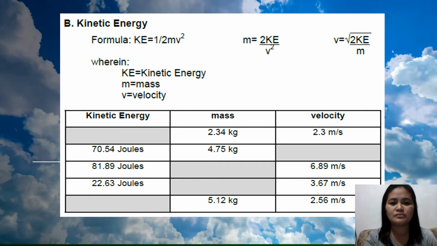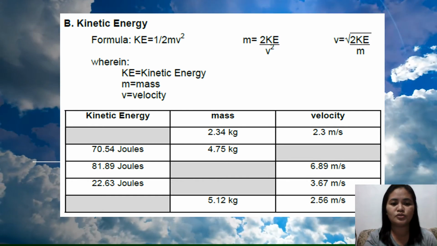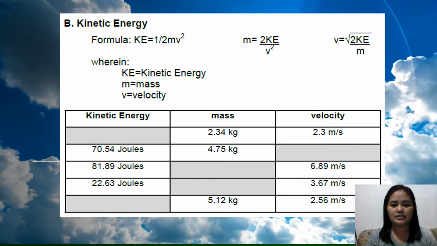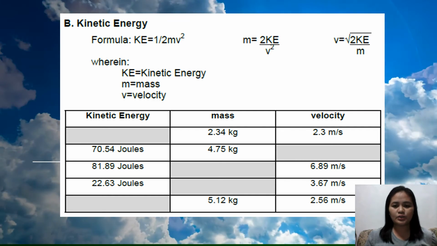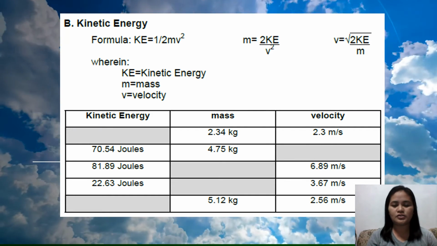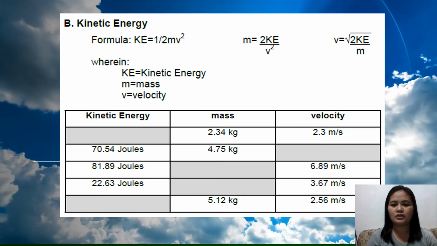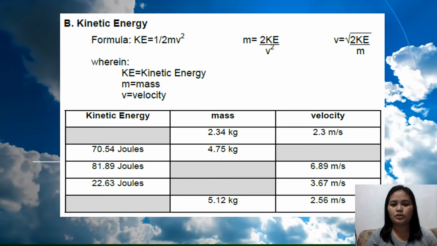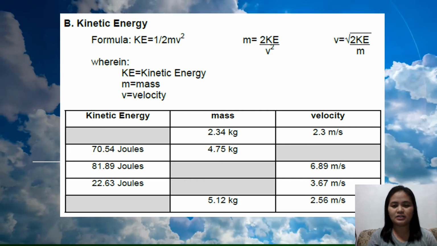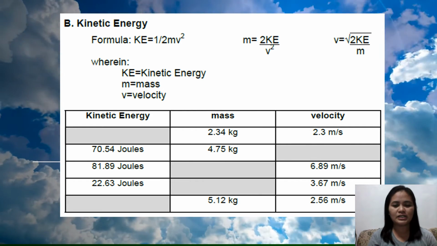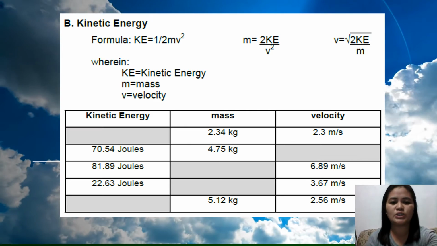And then, times 0.5 para makuha mo si kinetic energy. Sa second row, ang nawawala ay velocity. I-apply mo. So, square root daw ni 2KE. 2 times kinetic energy. Ano yung kinetic energy sa second row?